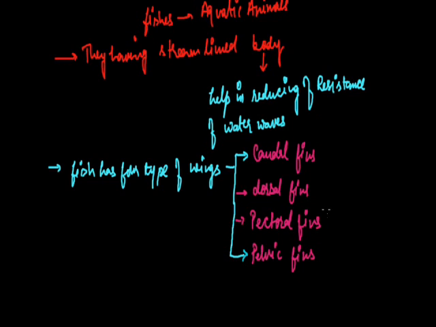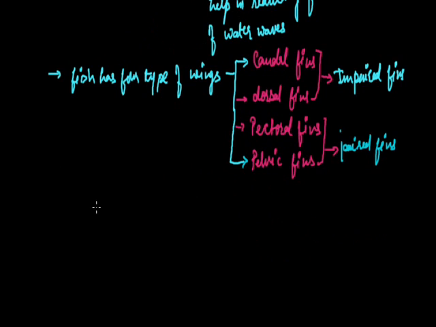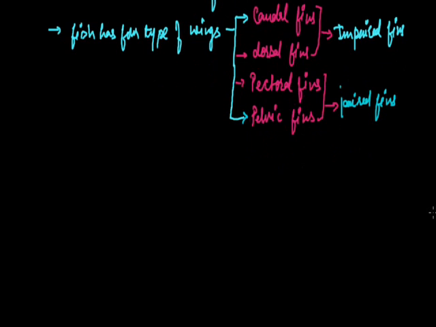Of which pectoral and pelvic fins are paired fins, while caudal and dorsal fins are unpaired fins. Now with the help of these fins, pectoral, pelvic, caudal and dorsal, movement is possible in fishes. Now movement in fishes we will study by a diagram. Fishes have both skeletal and muscular systems. So skeletal and muscular systems both help in movement of fish.